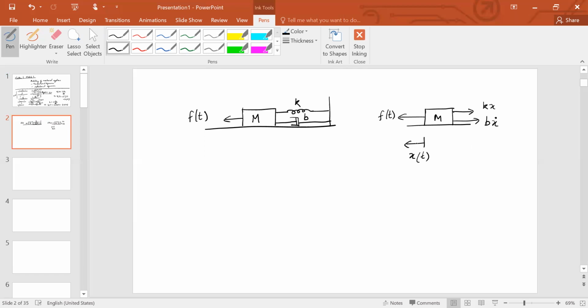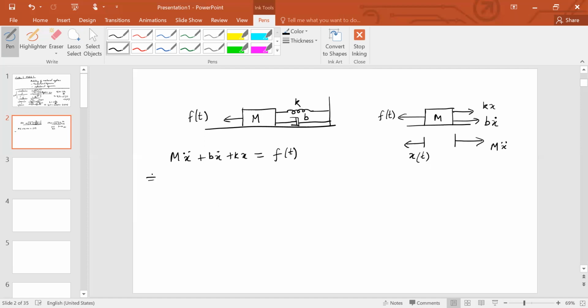Additionally, if you want to take this to static equilibrium, you apply D'Alembert's principle of pseudo force, so this has mx double dot. Therefore we can write this differential equation as mx double dot plus bx dot plus kx on one side, which is balanced by the applied force on the other side.